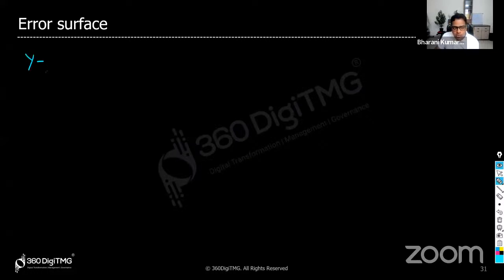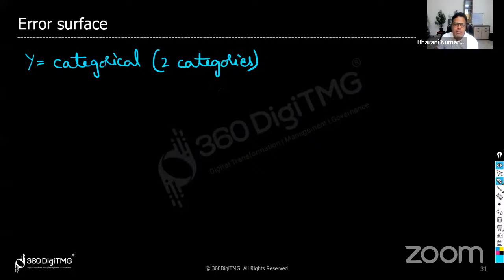If your output variable is categorical, and if you have two categories, then people use something called cross entropy. In that, they use binary cross entropy when there are two categories.